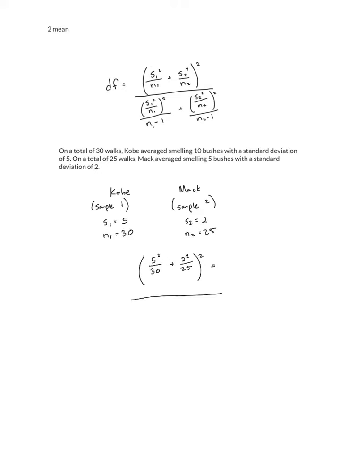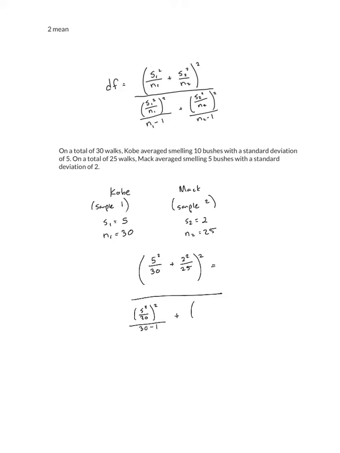Next, I'm going to find the bottom values. That is, I take S1 squared, so that's 5 squared over 30, and I'd square that and divide it by n1 minus 1, which is 30 minus 1.